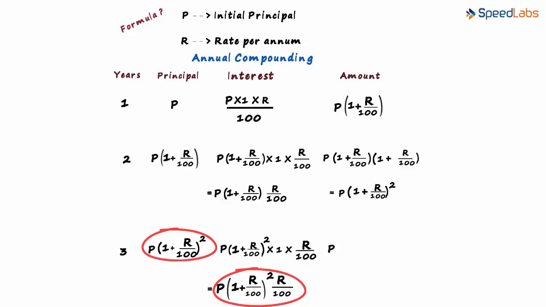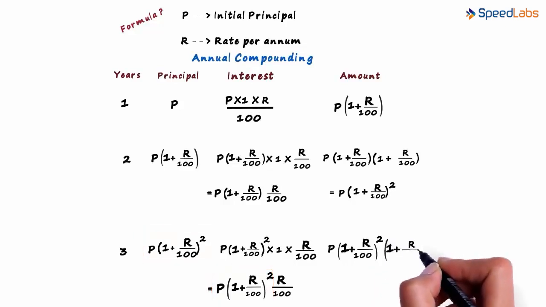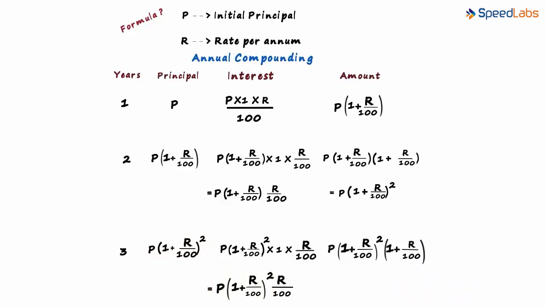P multiplied by 1 plus R by 100 the whole squared is common to both the terms. So we get the amount as the common term multiplied by 1 plus R by 100. And we get the amount at the end of the third year as P multiplied by 1 plus R by 100 the whole cubed. So for the 2 time periods, this is squared, and for the 3 time periods, this is cubed.